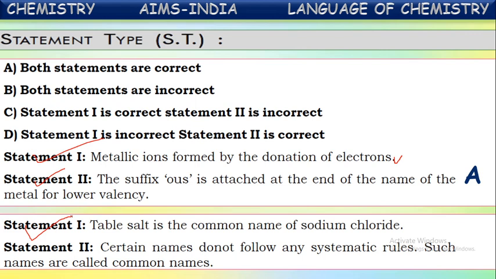The second statement: certain names do not follow any systematic rules. Such names are called common names. Yes, some compounds have common names which do not follow any systematic rules. So they are called trivial names or common names. This is also a correct statement. So as both the statements are correct, the option will be A.